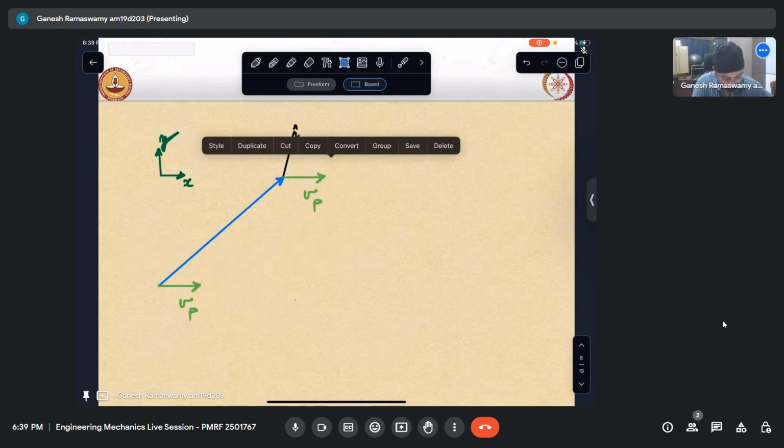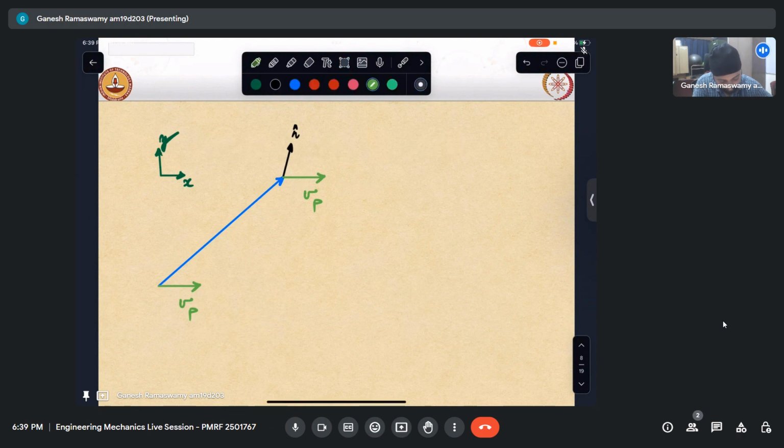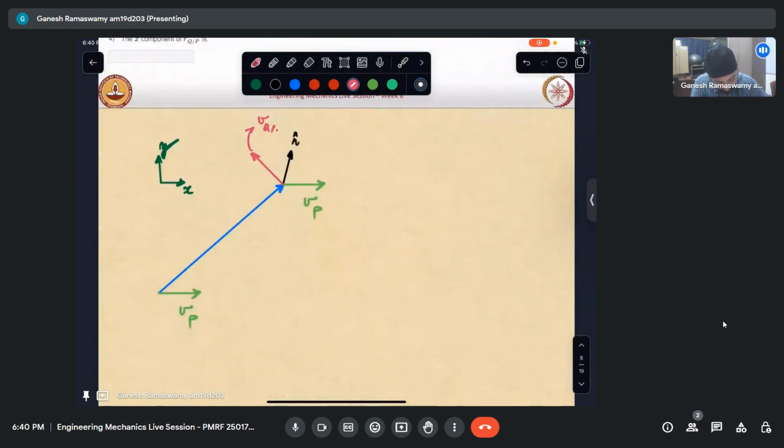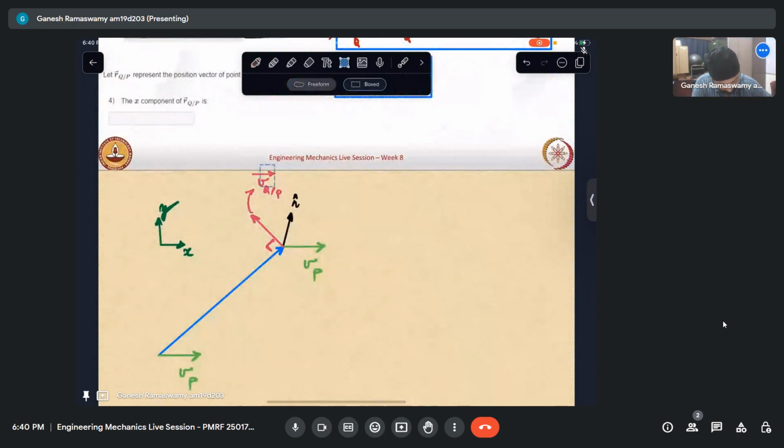And then it rotates. So it has to be perpendicular to this. So if I draw a velocity perpendicular to that, this is nothing but the velocity of Q with respect to point P. That is that vector, which is at 90 degrees to this. So if I take it here, we know from vector addition that I have to put it tip to tail.